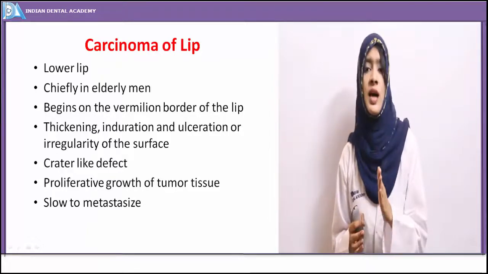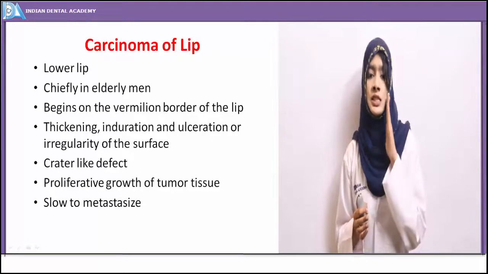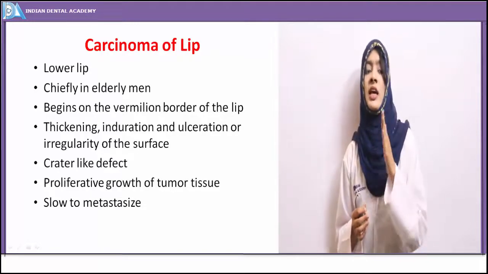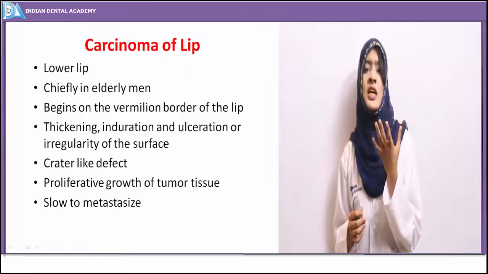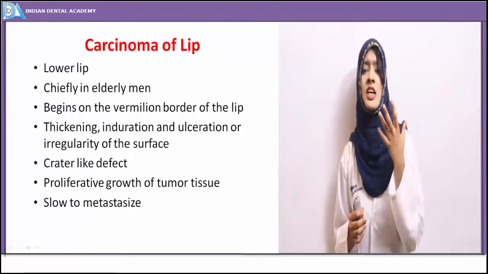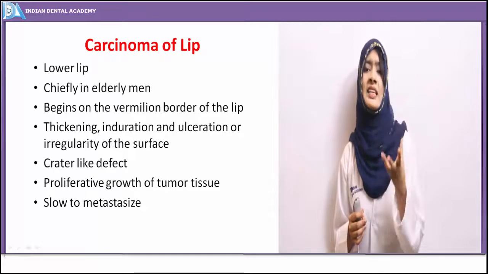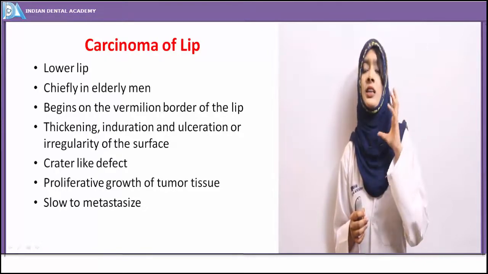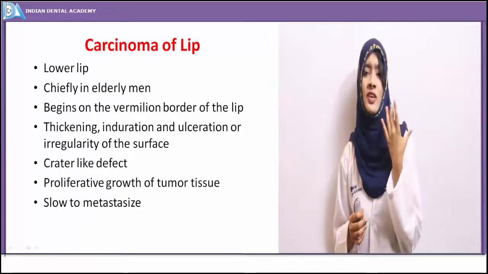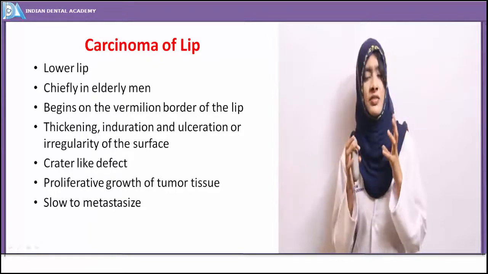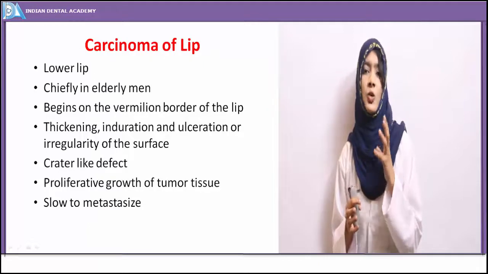The squamous cell carcinoma is more commonly seen in the oral cavity, and it can occur on any side in the oral cavity: the lips, gingiva, buccal mucosa, alveolar mucosa, palate, hard palate, soft palate, the maxillary sinus lining, or anywhere along the vermilion border, tongue, any given site in the oral cavity.